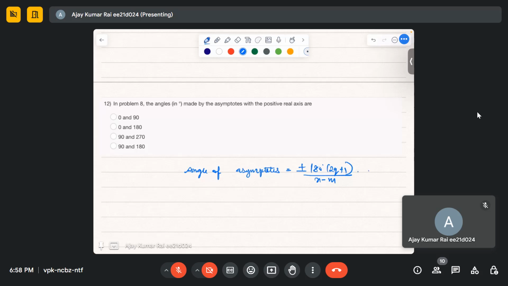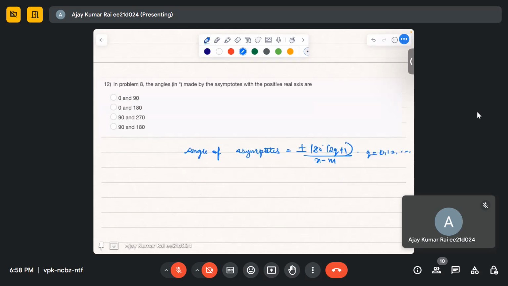I hope this is the correct formula. Here n minus m is 2, giving plus minus 90 if I take q equal to 0.